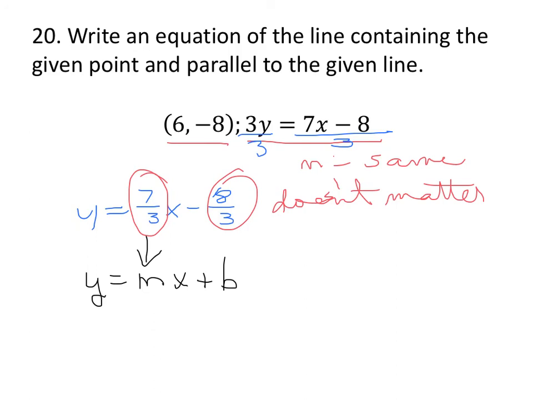However, we are given a point that goes into our new line. So we are going to use this point-slope formula that says y minus y1 equals m times (x minus x1). And then we're going to plug in our x1 and our y1 and our m. And then we're going to play around with the equation until it's in the form y equals mx plus b.